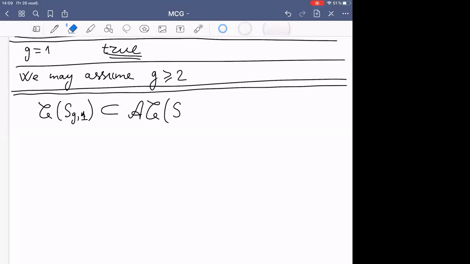Recall that we have the arc and curve complex where vertices are both arcs and simple closed curves, and again simplices are spanned by disjoint arcs and curves.